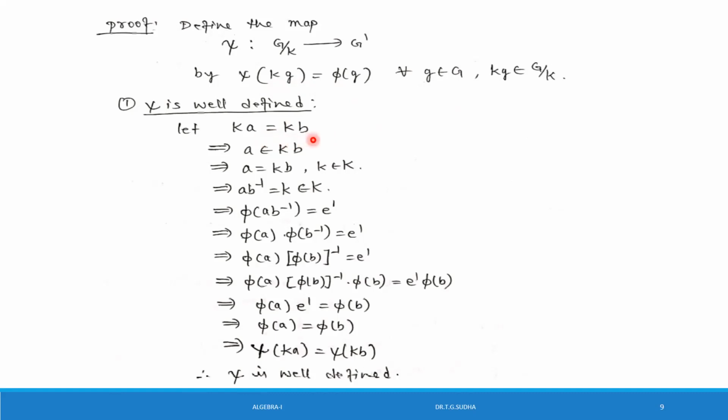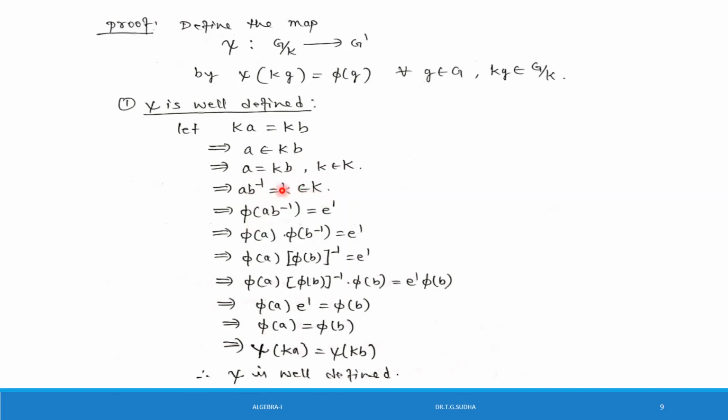Ka = Kb implies that the element a belongs to the coset Kb. Since it belongs to the coset Kb, a can be written as kb, where this small k belongs to the capital K. From here, we can operate with b inverse on either side, and we get ab^-1 = k, where k belongs to K. Now let us give the mapping under the function phi. Because k belongs to K, this is an element of the kernel.